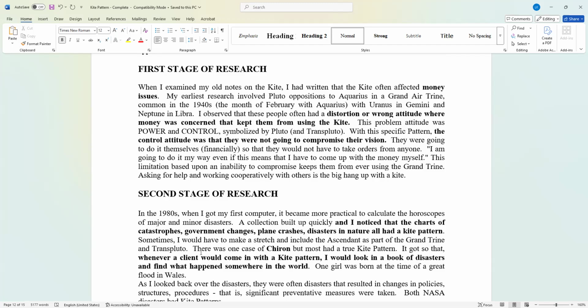Now, the second stage of my research was that kites are involved with disasters. And I remember, oh, this was years ago, I don't do it now, there were books, I guess you can go to the library, and then there are almanacs. One almanac is Information Please.